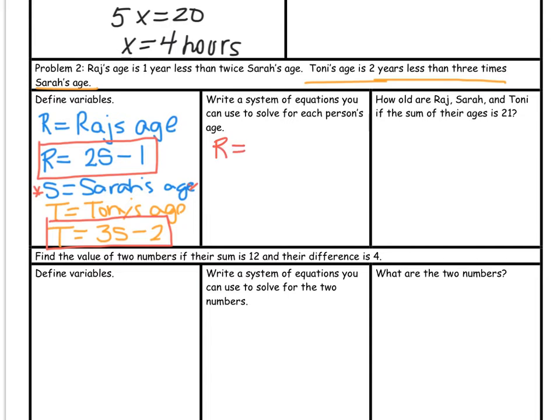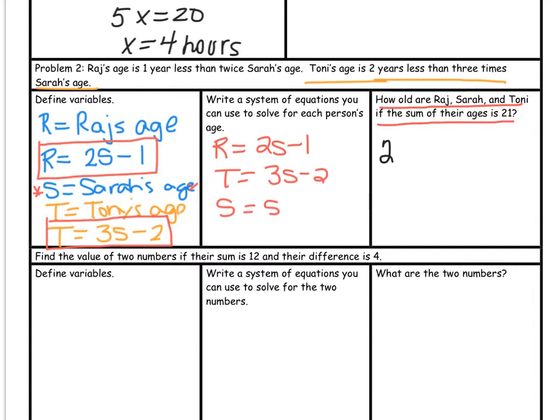We have Raj's age, which is 2s minus 1. We have Tony's age, which is 3s minus 2. And we have s is equal to Sarah's age. So how old are Raj, Sarah, and Tony if the sum of their ages is 21? We want to take Raj's age plus Tony's age plus Sarah's age, and that has to equal 21.